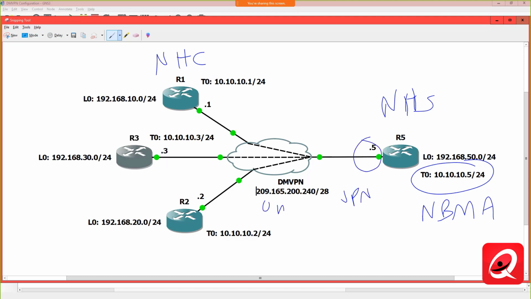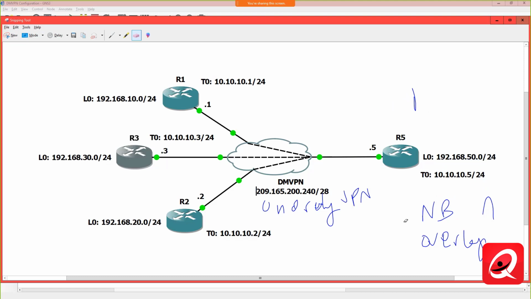This is the underlay, and these would be the overlay. All right. So that's how we break down each of the components of our DMVPN solution. And by the way, those terms all apply in any version of DMVPN. All right.